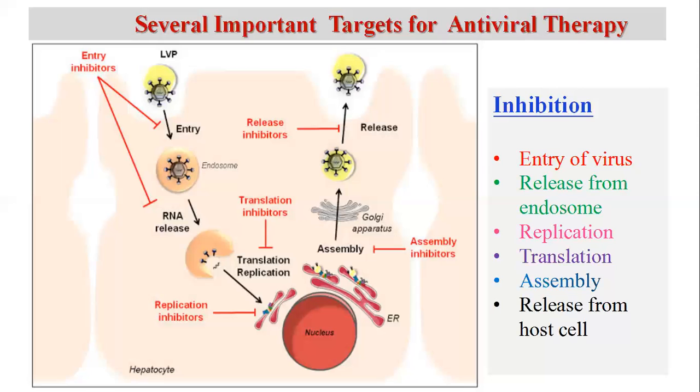If again the virus particle succeeds in integrating into the host cell DNA and succeeds in replication, then we can try to inhibit the virus particle from carrying on, that means we can block translation or protein synthesis.